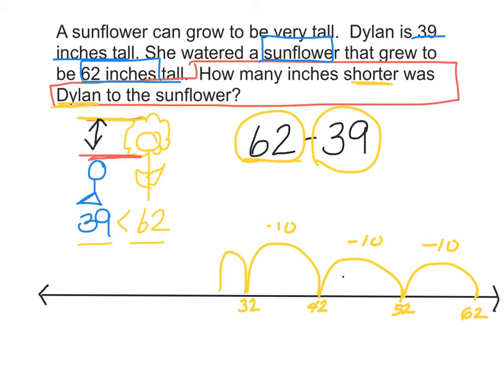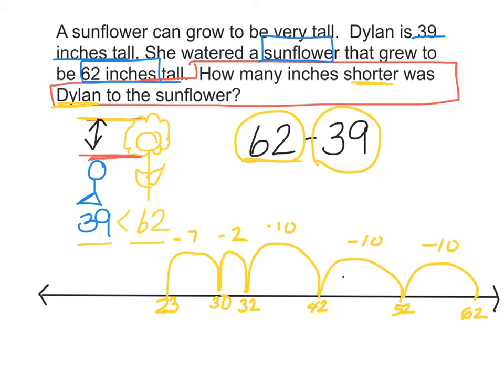I'm just going to subtract 2 because that will leave me with 30. So now we have subtracted 32. Just 7 more, and that's 39. So 30 minus 7 leaves us with 23.